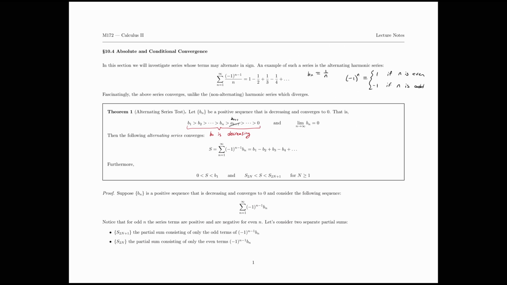So if, after you isolate the alternating piece and the term that dictates the size of each term, that sequence b sub n is positive and it's decreasing and it limits to 0, then this alternating series, using those 2 pieces, b sub n and then the alternating bit, will converge.